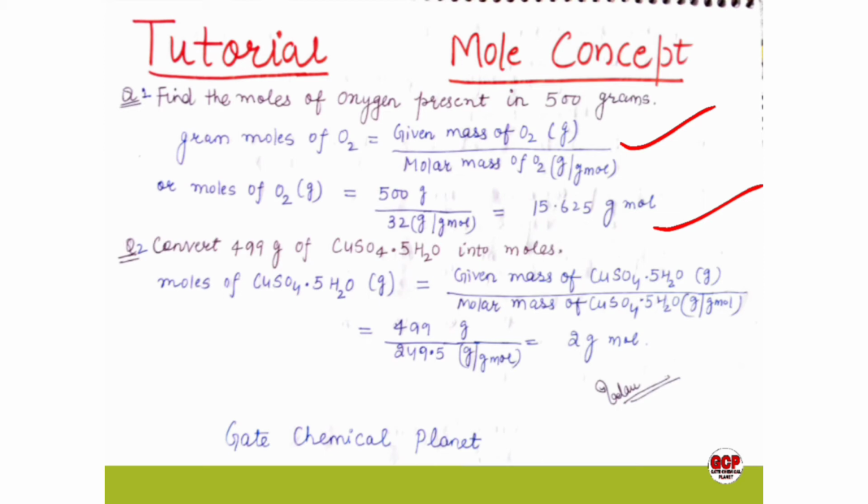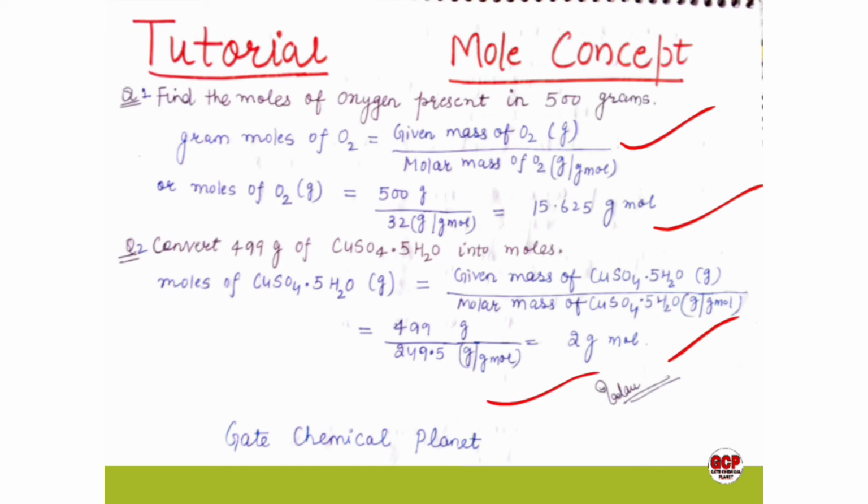Now we come to question number 2. Convert 499 grams of copper sulfate CuSO4 5H2O into moles. Moles of CuSO4 5H2O equals the mass of CuSO4 5H2O in grams divided by the molar mass of CuSO4 5H2O, which is in gram per gram mole.